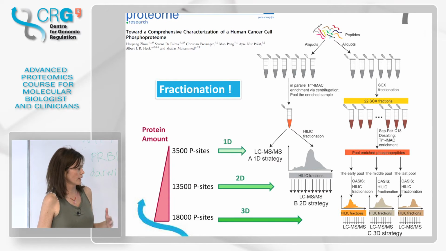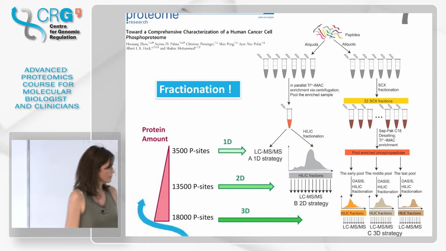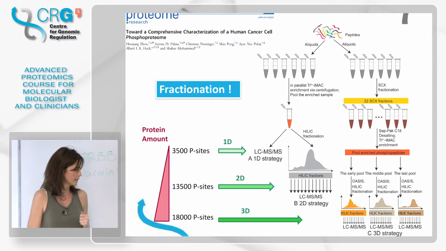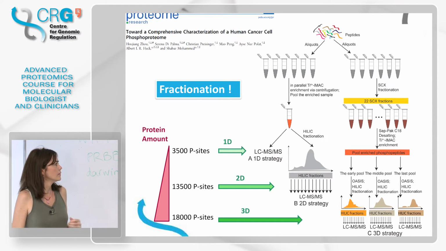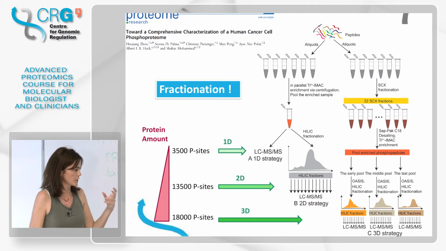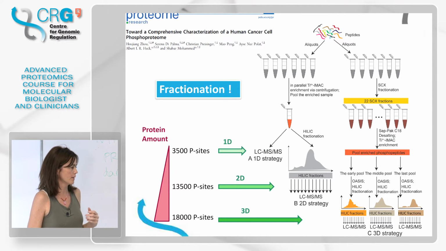This is another example, from the group of Albert Heck, published by Shabaz Mohammed, in which they thought, okay, how can I get the most phosphopeptides in our sample? They did an experiment with three strategies.